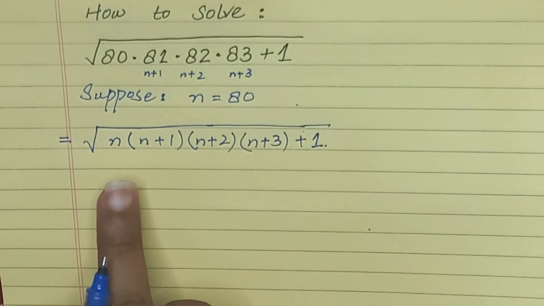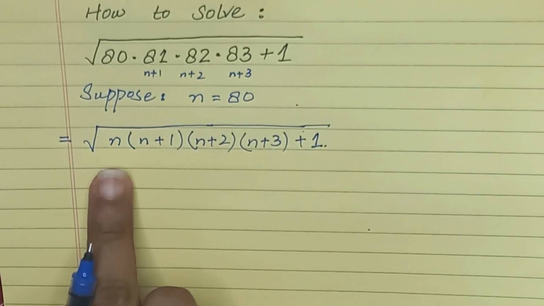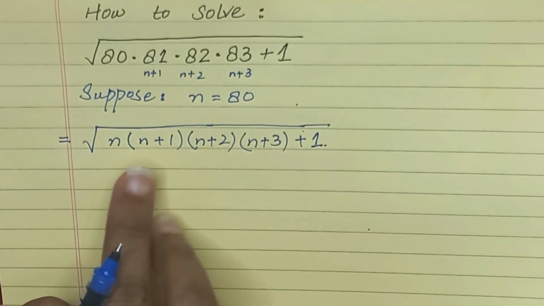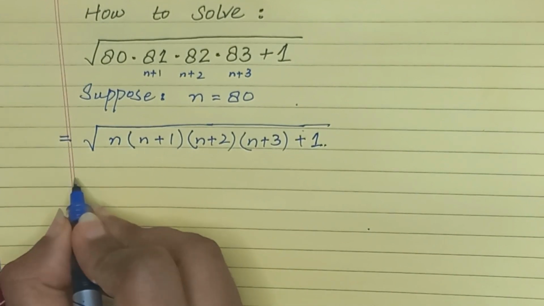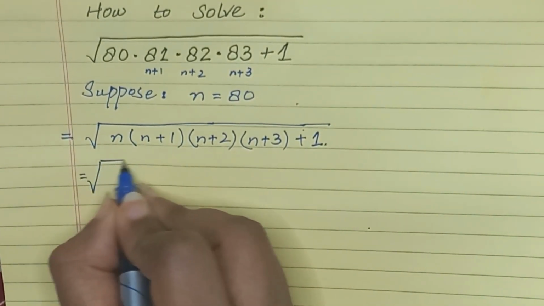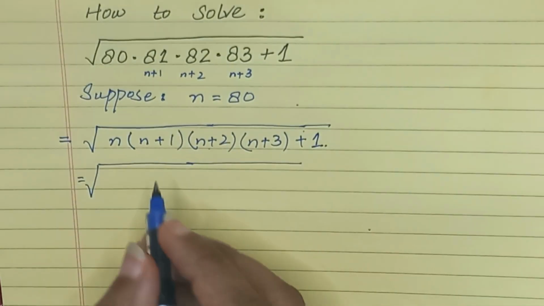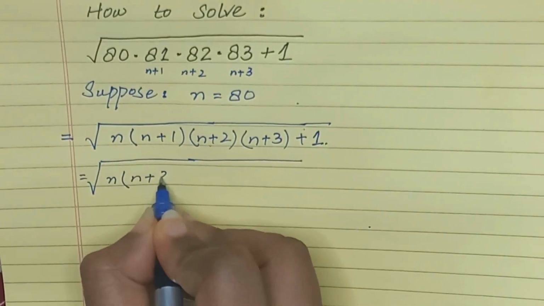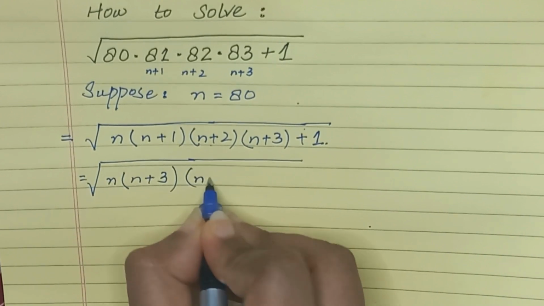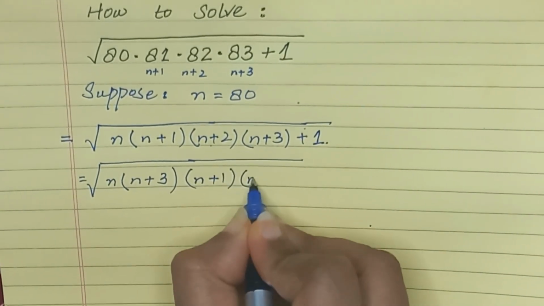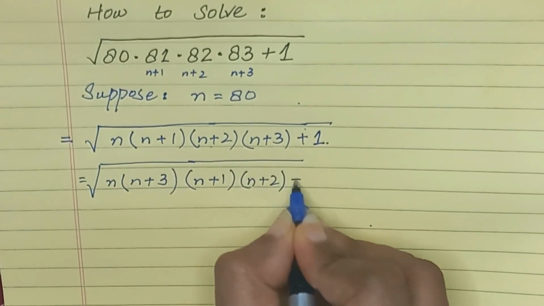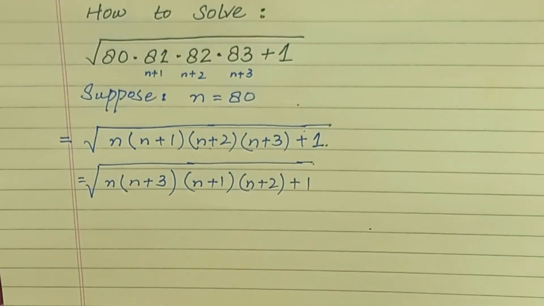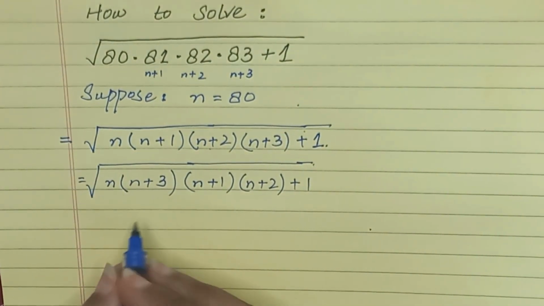So from here we will combine the first and last term, and the second and third term. So we will multiply them.